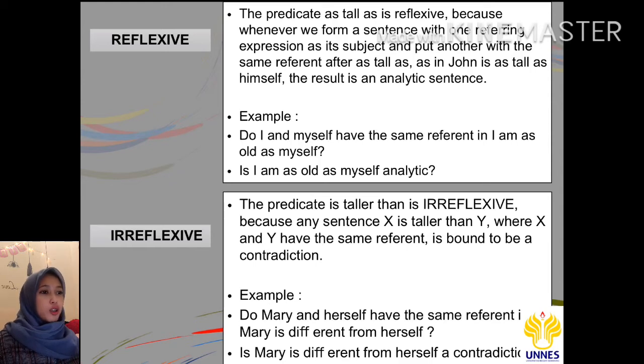Example: do I and myself have the same reference in I am as old as myself, and is it analytic? Yes, for example.